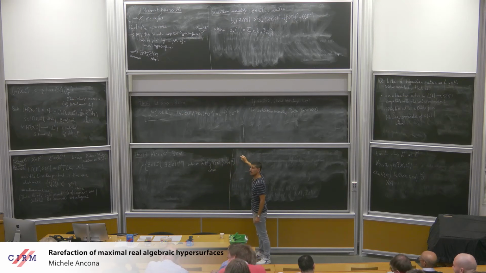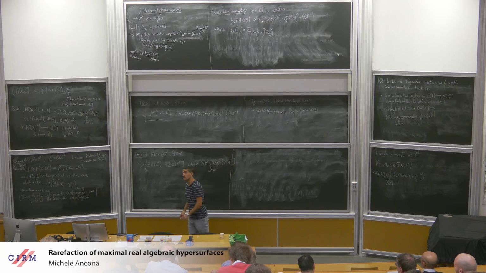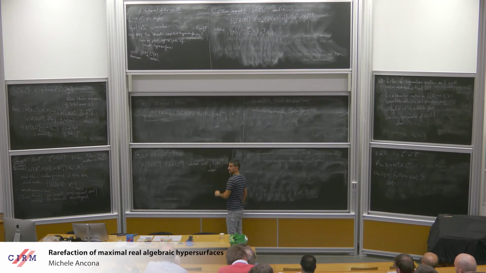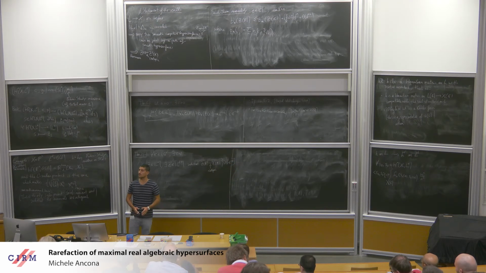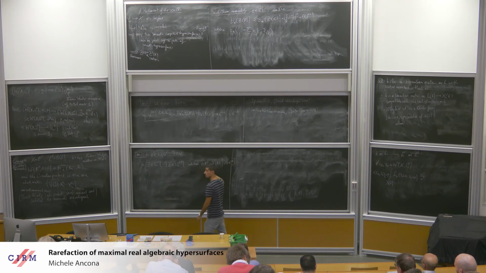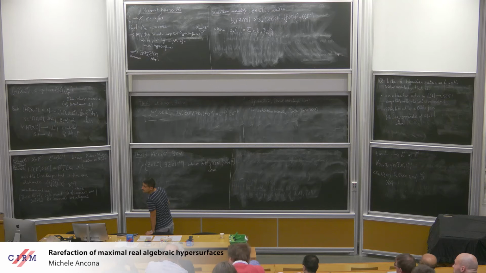What do you mean isotopic if they are in different spaces? No, they live in the real locus. The real locus of Z and Z prime, they live in the real locus of X. So inside the real locus of X, there is an isotopy which maps. Do you suppose that the dimension of the real locus is the same as the dimension of the complex, right? Yes, because I'm supposing that everything is smooth.